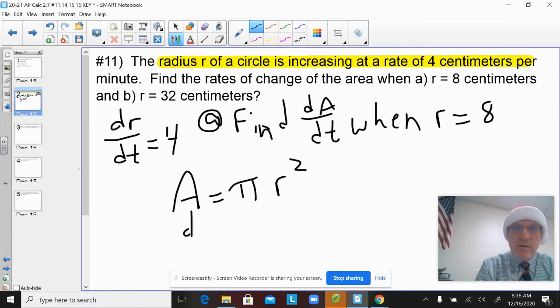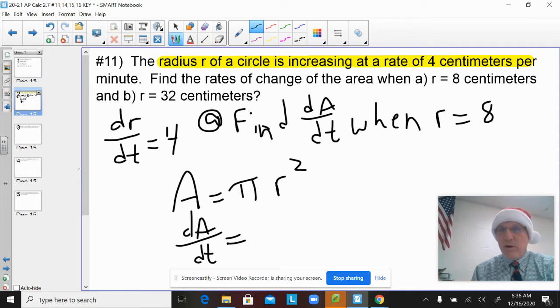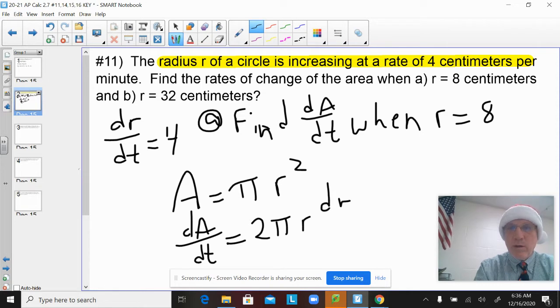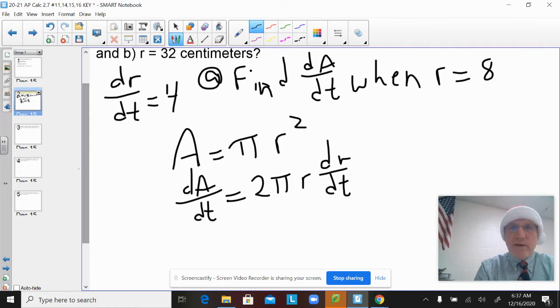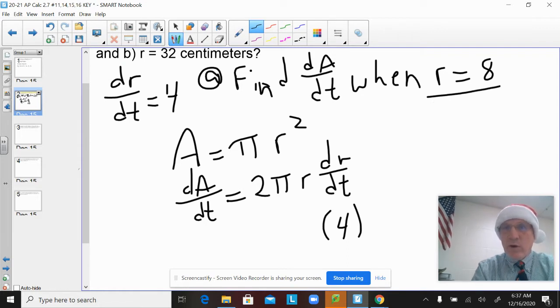So the derivative of A with respect to time is dA/dt, and the derivative of pi r squared is 2 pi r dr/dt. And now it's just a matter of substituting in what we know. We know that dr/dt is 4. Question A said when r was 8.